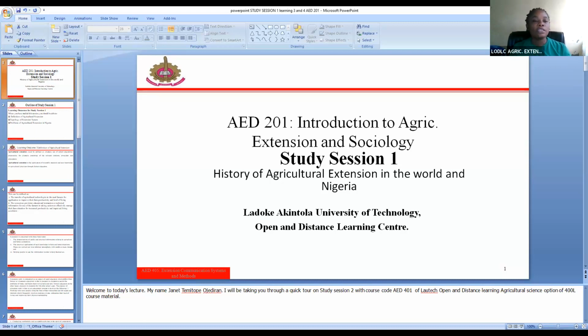So moving on to the next thing, under the definitions. We can also define it as the transfer of agricultural technologies to the rural farmers for application to improve their farm productivity and level of living. You can see that all these definitions are still the same thing and they convey the same meaning.